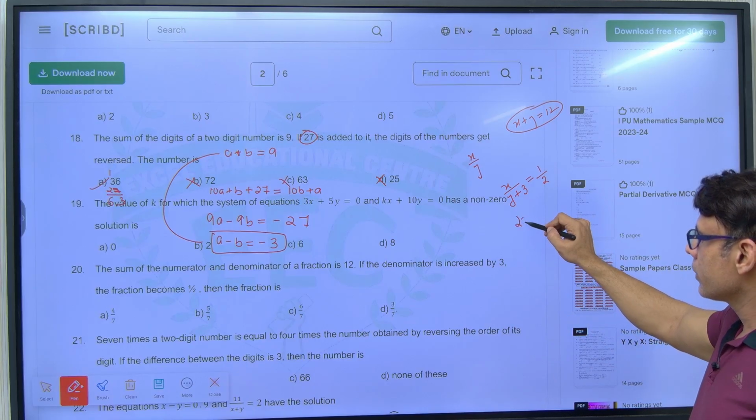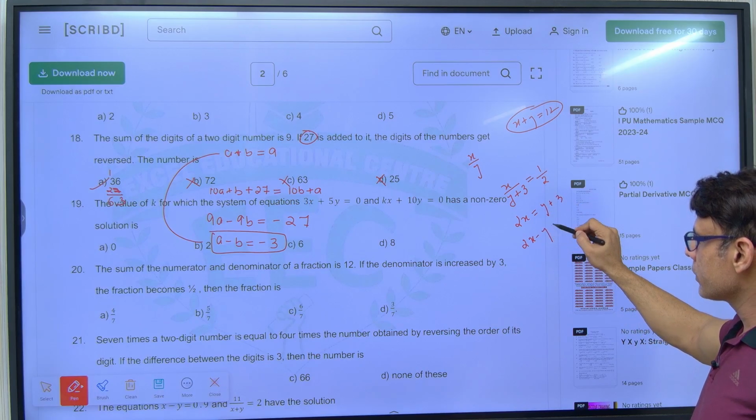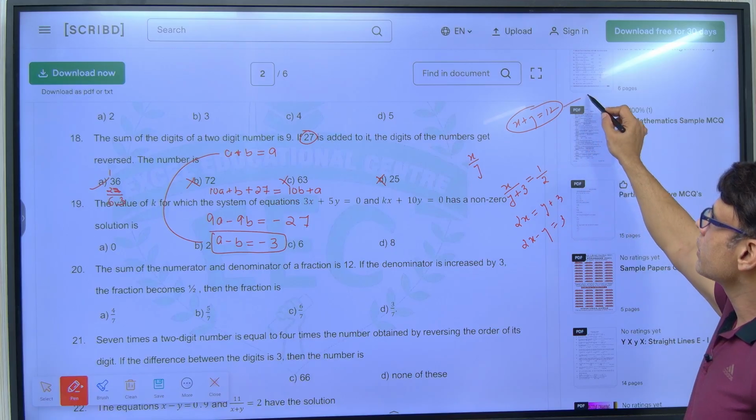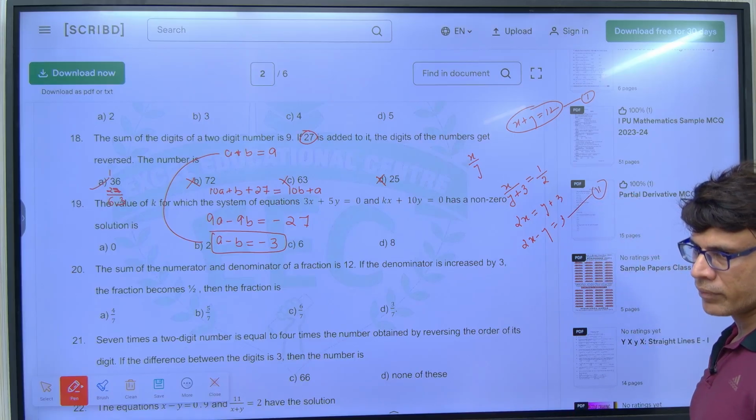Cross multiply, 2x is equal to y plus 3. So 2x minus y is equal to 3. Now this is your first equation. This is your second equation. Can you solve both the equations to get the answer?